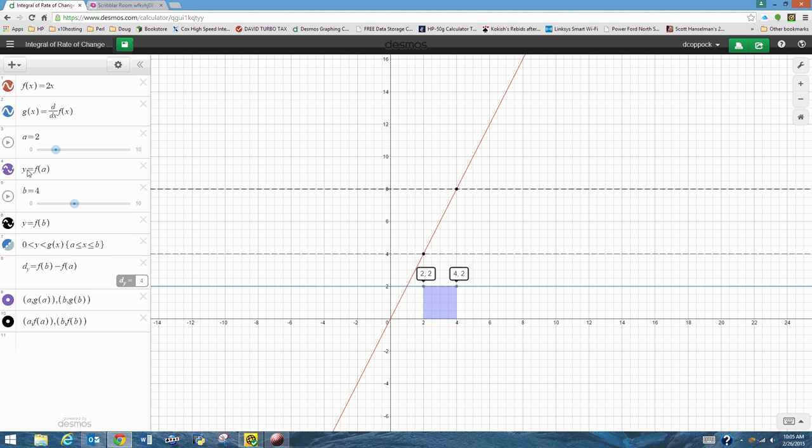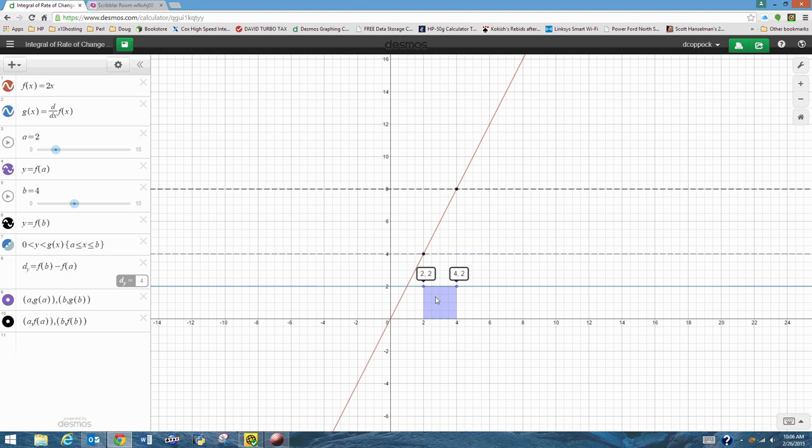And y equals f of a is this dotted line right here. This is just to help give a picture of the starting y value. B equals 4. So y equals f of b would be this line. So in this case, the change in y is from 4 to 8, between the dotted lines.